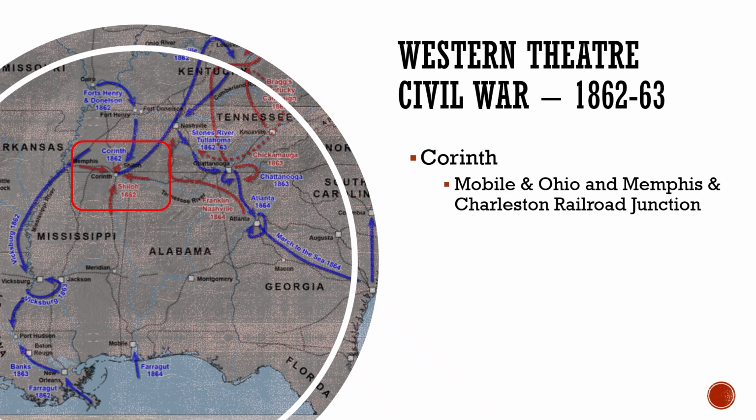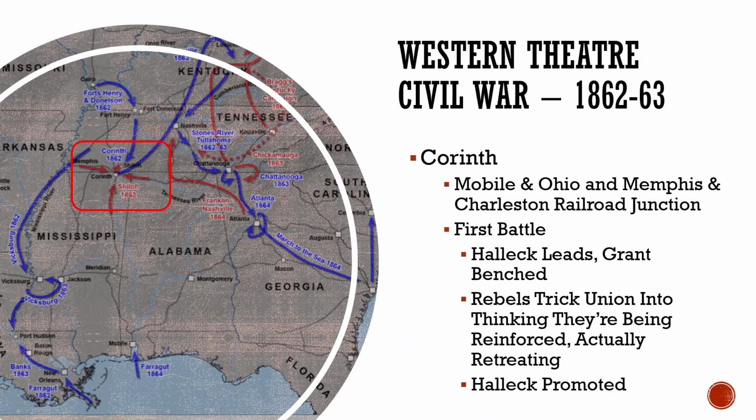At Corinth, basically the Mobile and Ohio and the Memphis and Charleston Railroad junction was there. In the first battle, Grant has been put on the sidelines. His boss, Halleck, leads the forces for the first time in his career. The rebels did something kind of sneaky here.